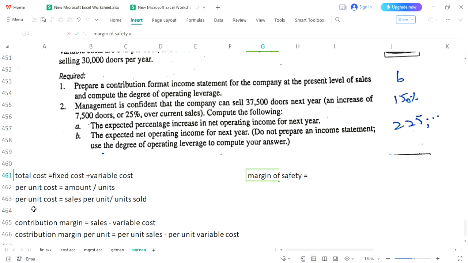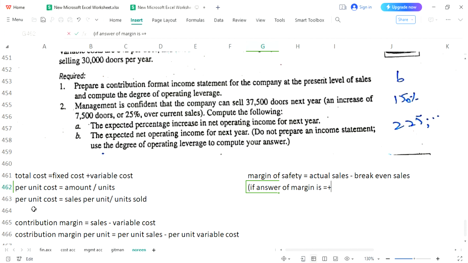For margin of safety, you see how much actual sales are, and you subtract your break even sales.